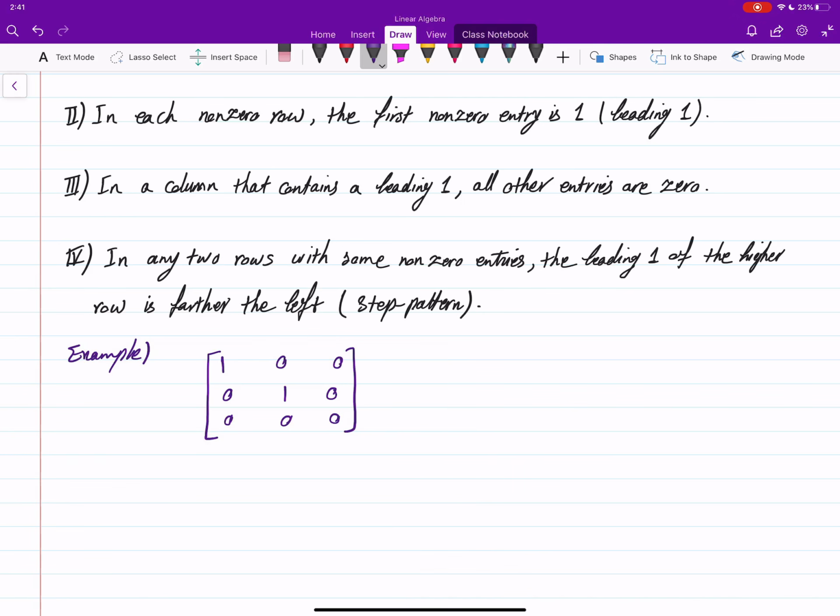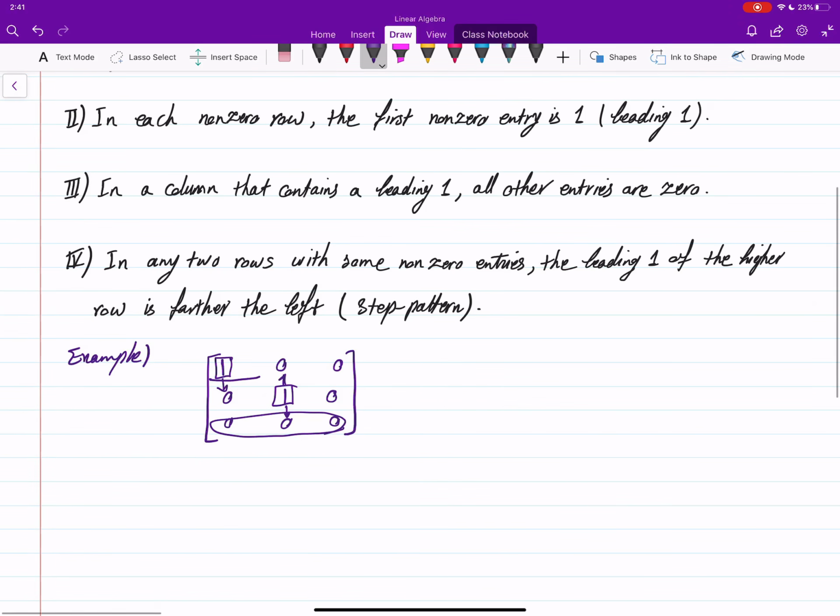Why? Well, we have the 0 row at the bottom. Every row which is not 0 starts with a leading 1. Everything above and below a leading 1 in its column is 0. And the important one, the leading ones have a step pattern.